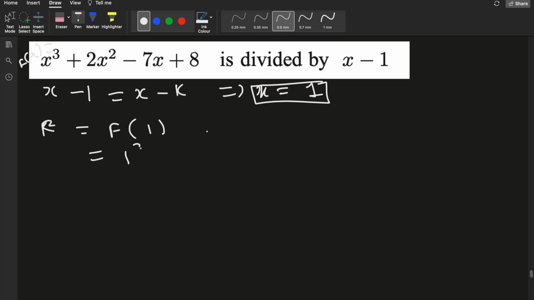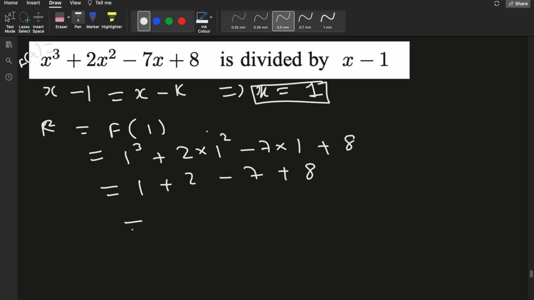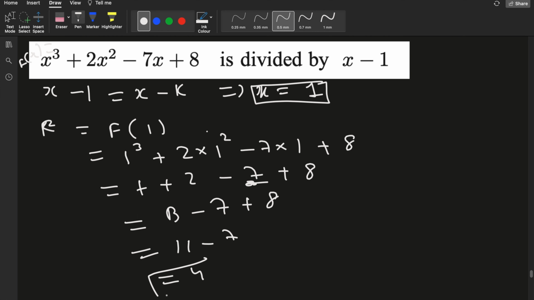So it would be 1 cubed plus 2 into 1 squared minus 7 into 1 plus 8. We get 1 plus 2 minus 7 plus 8. When we add this and this, this would be 3 minus 7 plus 8. 3 plus 8 would be 11, minus 7 equals 4. So the remainder would be 4.